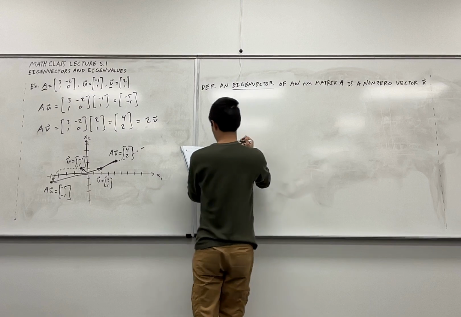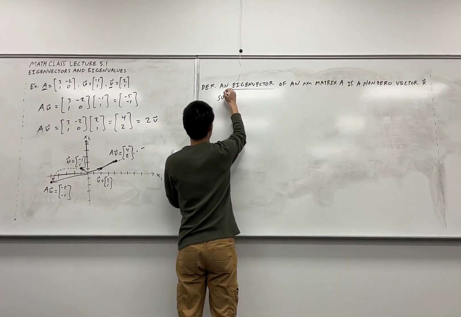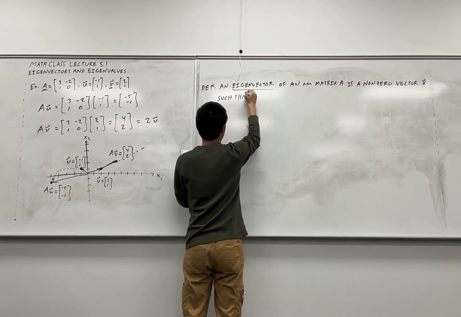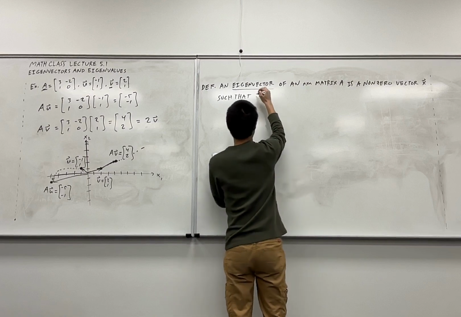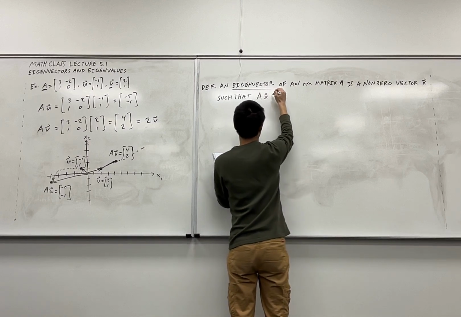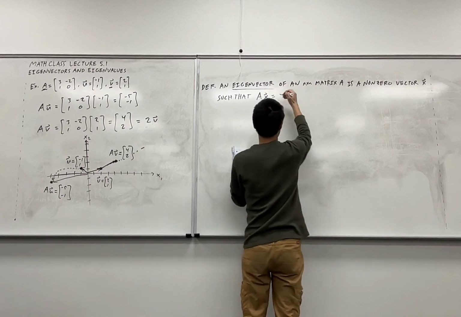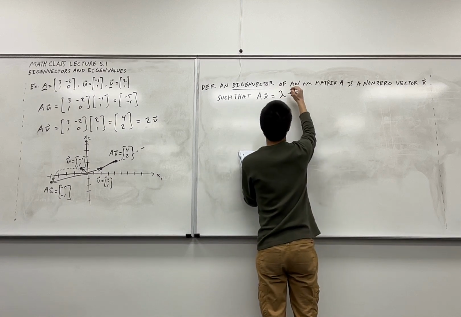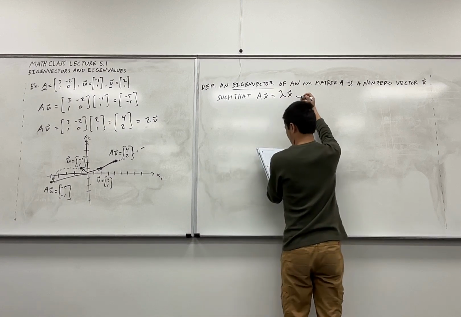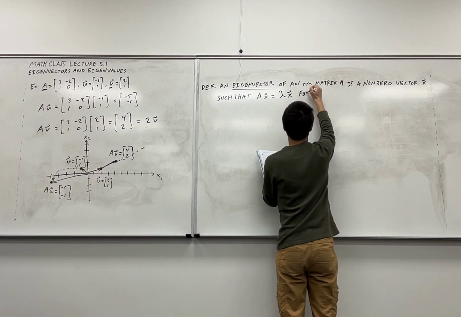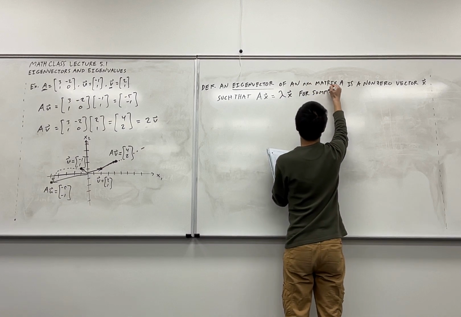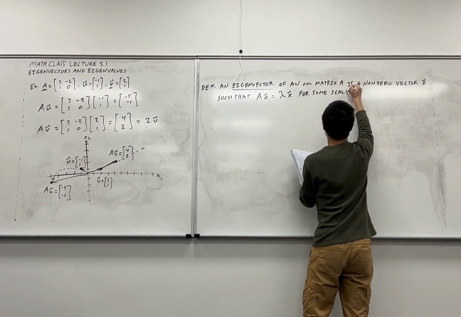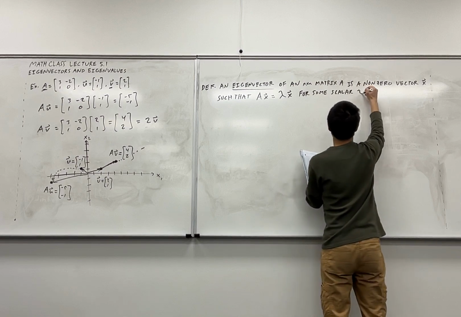So vector x such that A, so my matrix A times x, transforms it, and it's in the same span of x. So some lambda, this is a scalar. Lambda x for some scalar lambda.